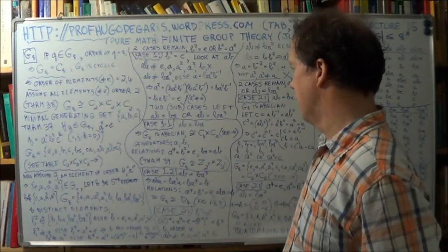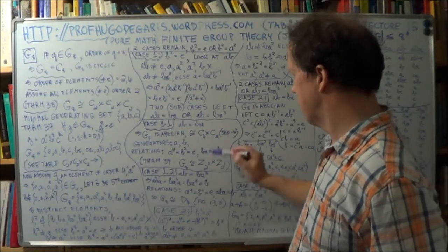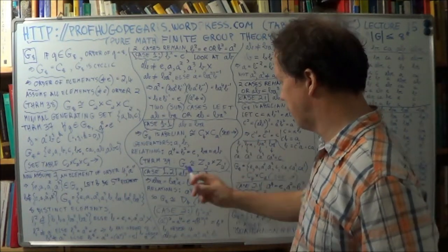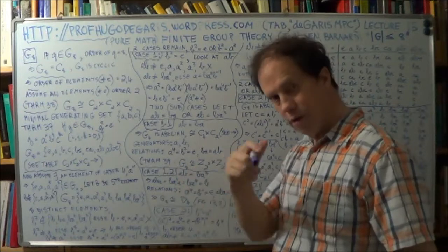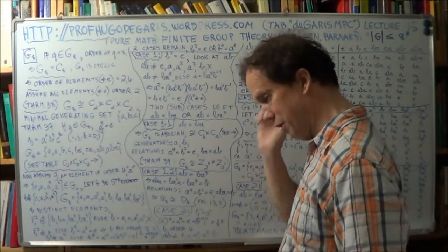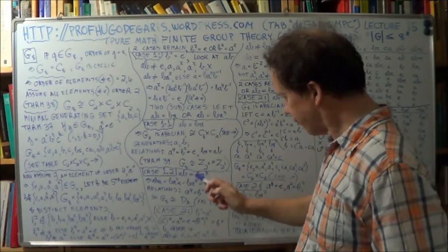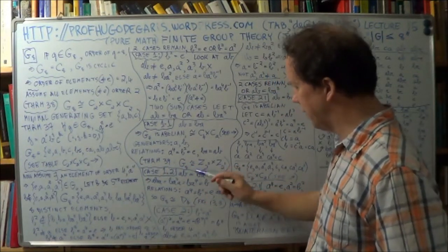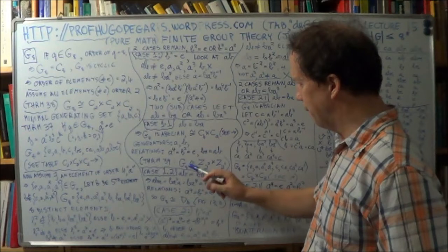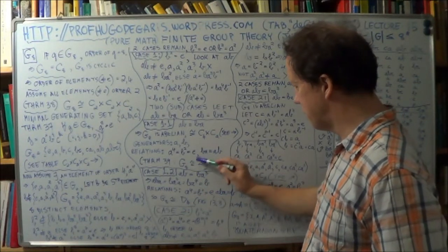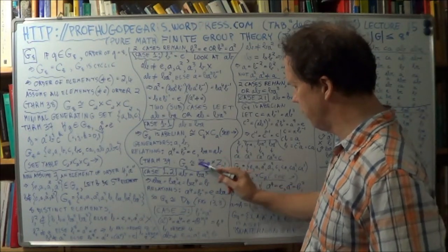Okay. Now you can also get this result from theorem 39. Go back, have a look at that theorem, and you may remember a group can be expressed in this sort of form.